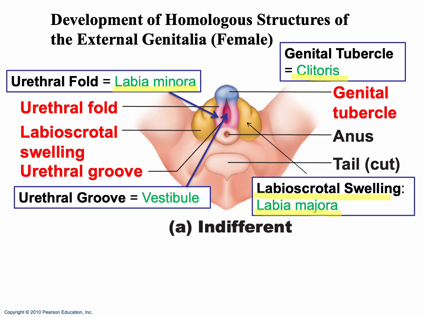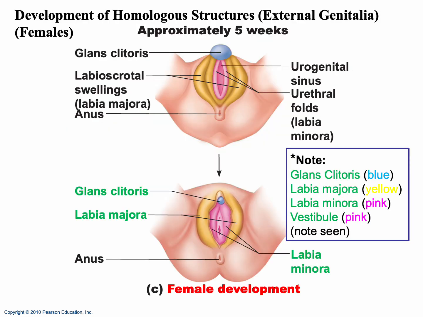And then the urethra groove will develop into what's known as the vestibule, and this is a regional area that contains the opening of the woman's vagina and the opening of her urethral orifice where she'll urinate. Here we can see the development of these structures, approximately 5 weeks here. Ultimately, this is more what things look like at birth.